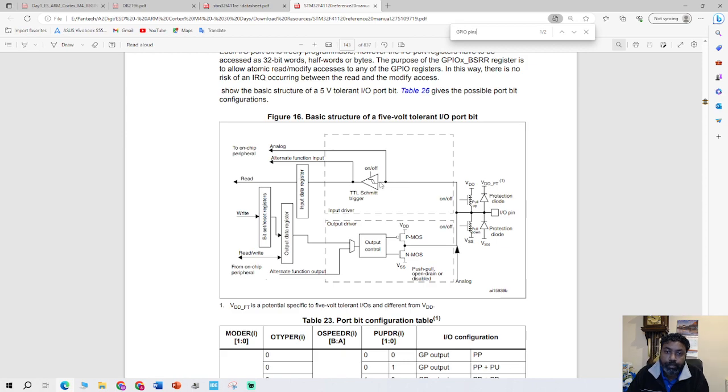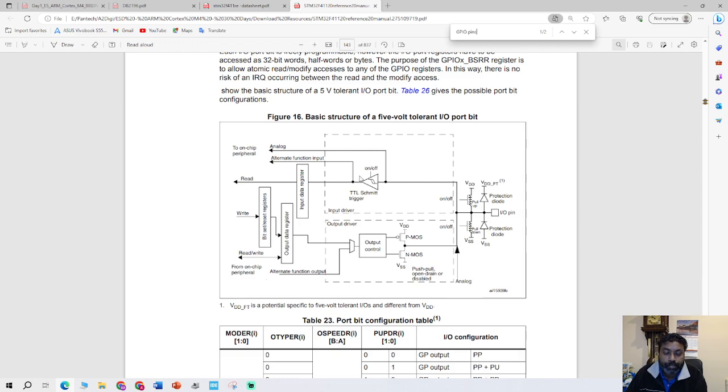Whatever signal you send gets through the Schmitt trigger, and then the data is saved in the input data register in the input driver, and in the output data register in the output driver. So you can write to the output data register and you can read from the input data register. That's what it says.